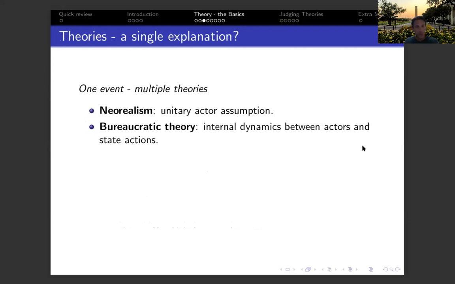So one theory that we're going to talk about, actually starting to talk about next week, is called neorealism. Neorealism is a theory, and one of its main assumptions is that states are what's called unitary actors. What does that mean?